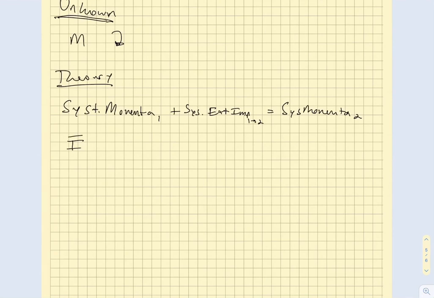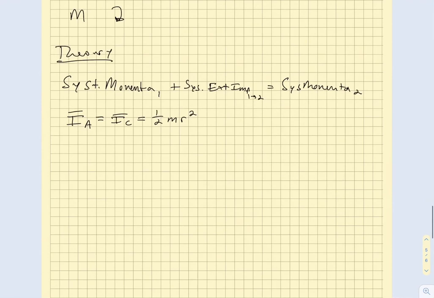And for a disk, we're modeling this as a disk itself. We know that that should be 1/12... no, I'm sorry. So we'd say I bar for a disk.